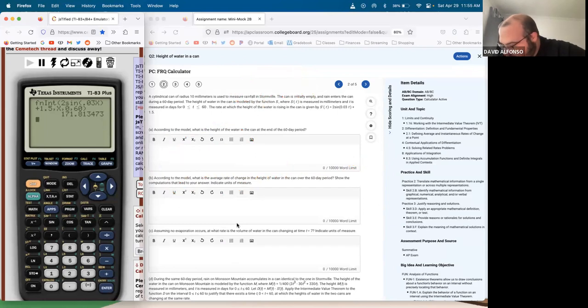That's clear. According to the model, what is the average rate of change in the height of water in the can over the 60-day period? Show the computation that leads to your answer, indicate units of measure. Here, you have to indicate units. Let's see if you can figure this out.